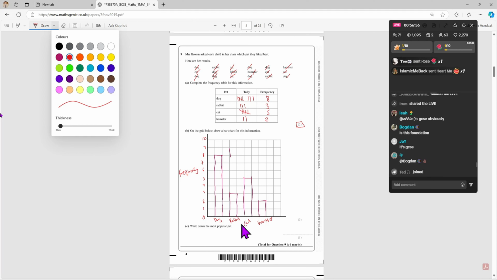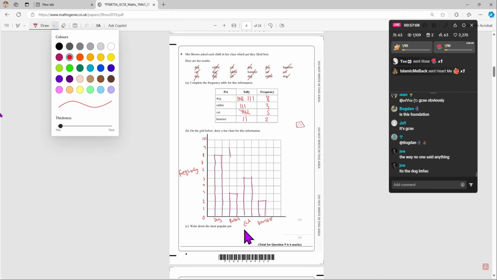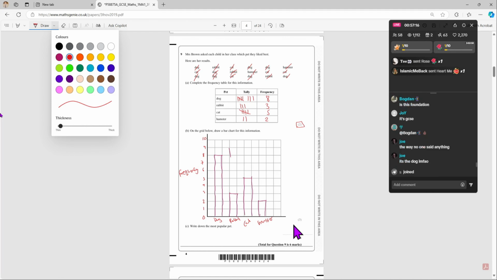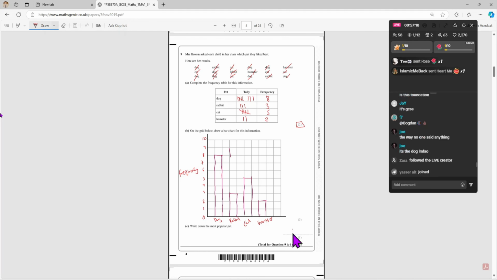Is it the dog, rabbit, cat, or hamster? When I mean popular, it's the thing that's most occurring, like most frequency. It's like the mode. So it's going to be the dog.